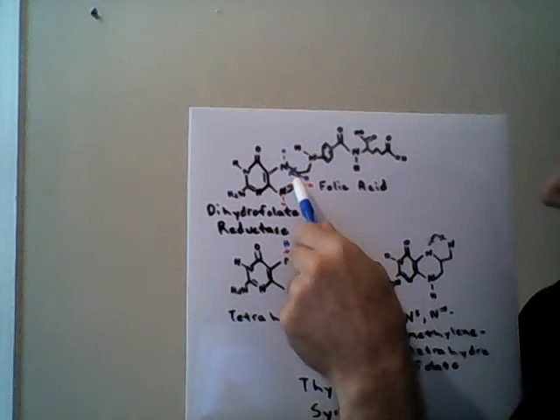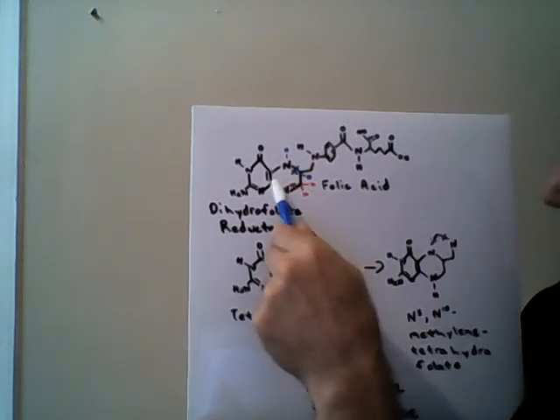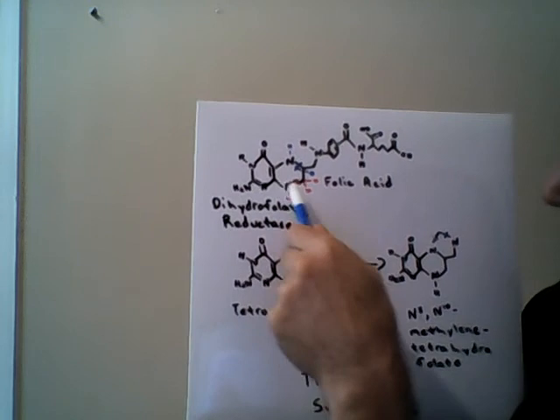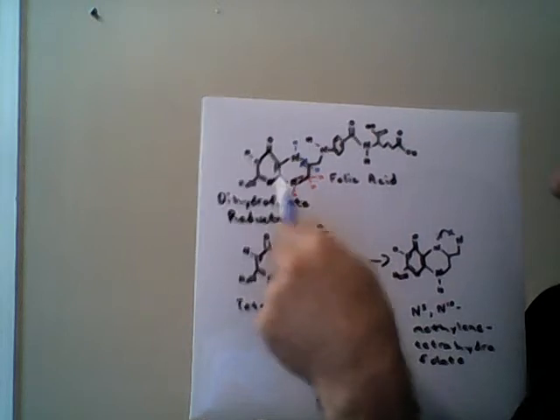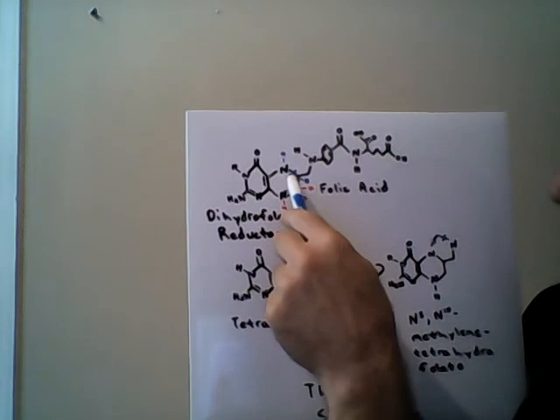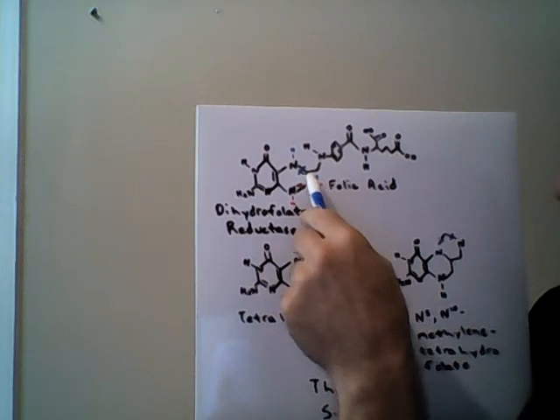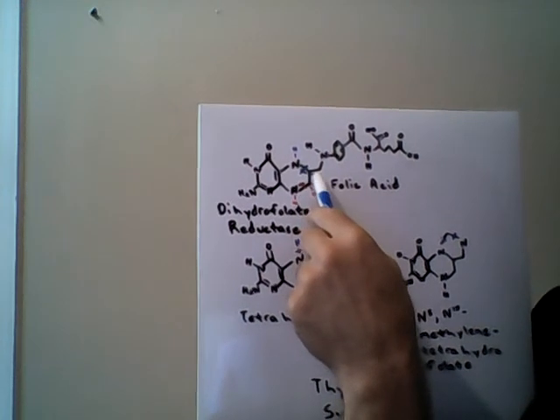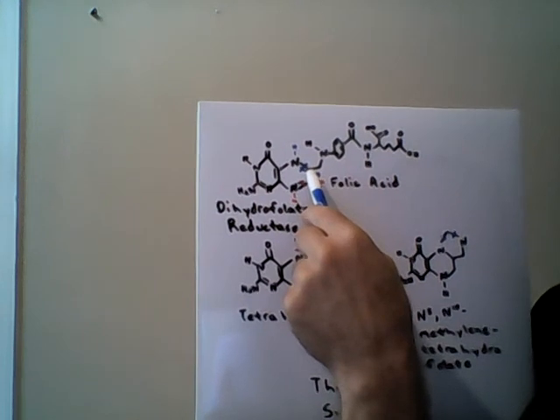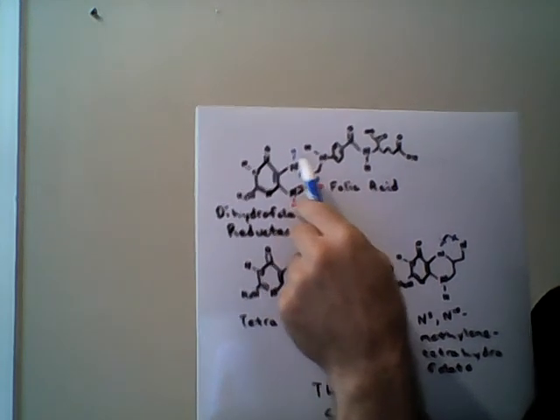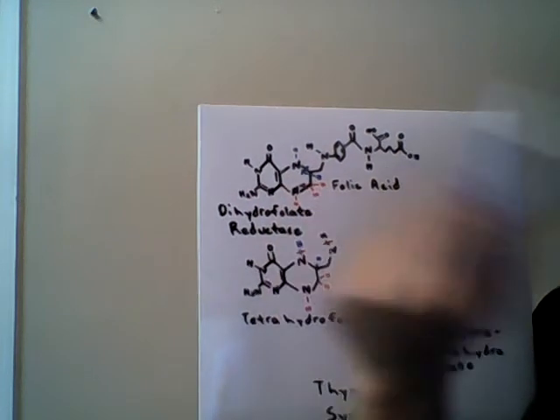So carbon is satisfied because it has 4 links, 1, 2, 3, 4, and nitrogen is satisfied because it has 3 links, 1, 2, 3. Then the second reaction of dihydrofolate reductase is that it cuts this bond right up here, and it adds 1 hydrogen to this carbon, which satisfies it because it has 4 links right now, and it adds 1 hydrogen to this nitrogen up here.